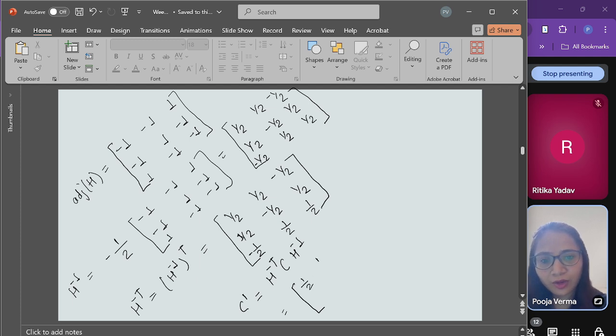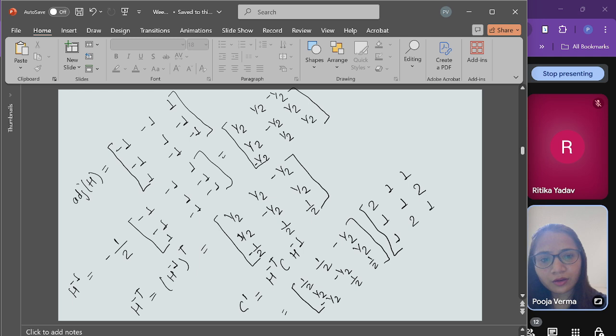Here 1 by 2, 1 by 2, minus 1 by 2, again 1 by 2, minus 1 by 2, 1 by 2, minus 1 by 2, 1 by 2, and 1 by 2. And the C value is 2, 1, 1. It is already given in the equation, right? 1, 2, and 1.